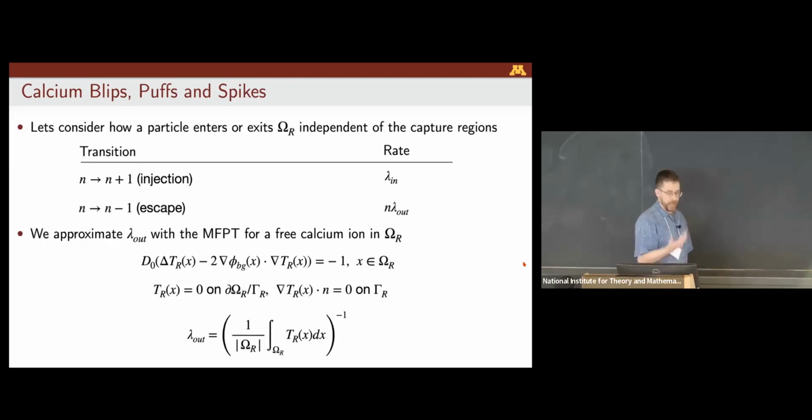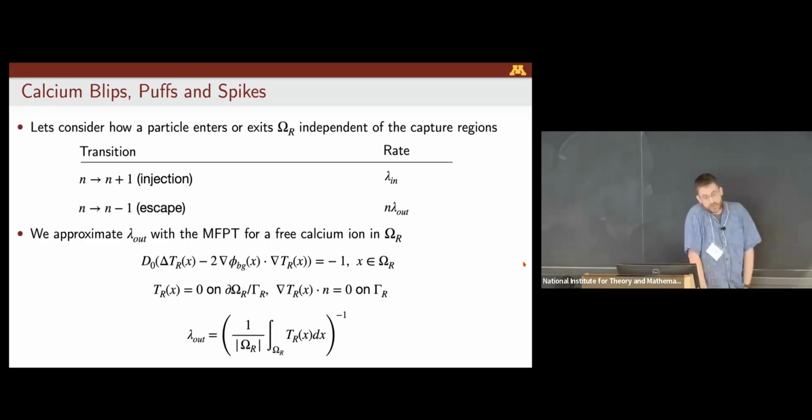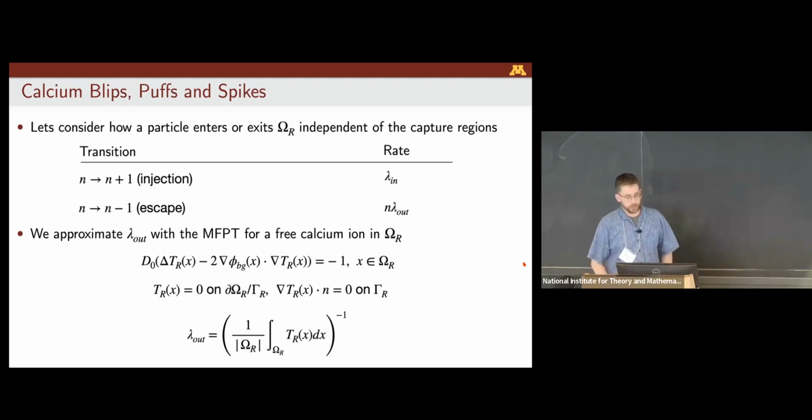So what can happen with this Markov process? Well, we could have a calcium molecule wander into the reaction region. How fast does that happen? Well, I'm calling that lambda in. Once it's there, it can leave at some rate that I'm calling n times lambda out. To get a rough estimate for lambda out, I'm just going to solve a mean first passage time. And here, we've seen this, right?